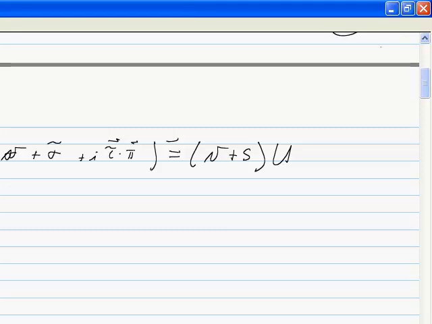The pi prime is a little less clear, but if I expand this, so let's write it out here.